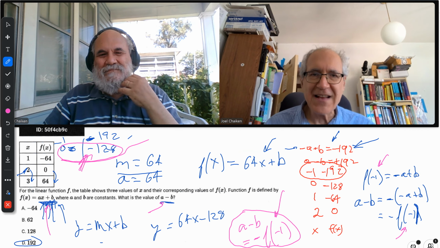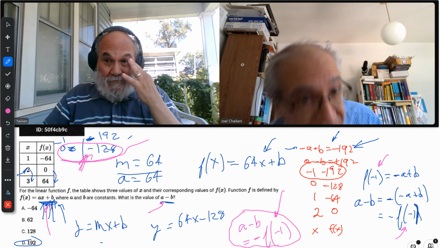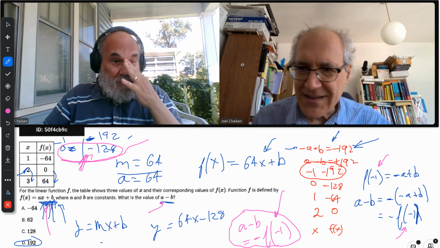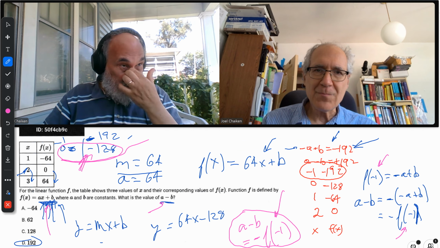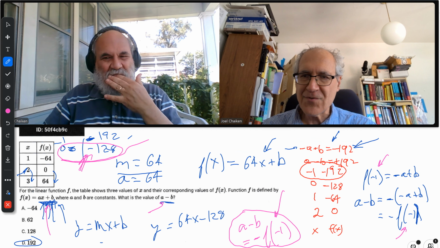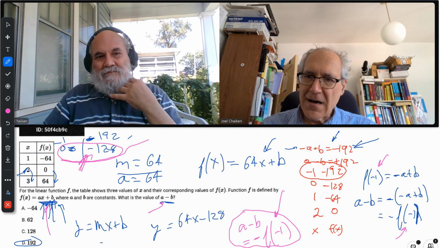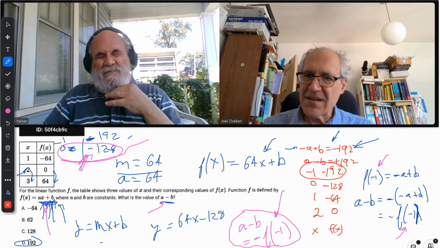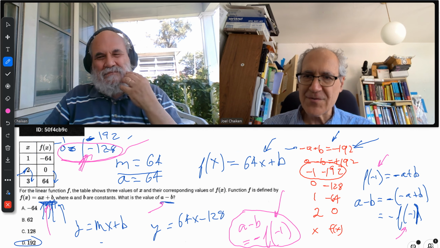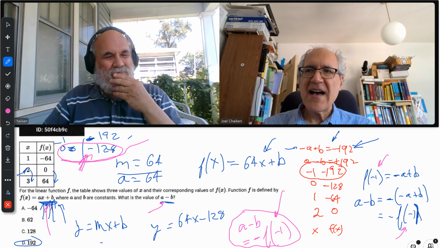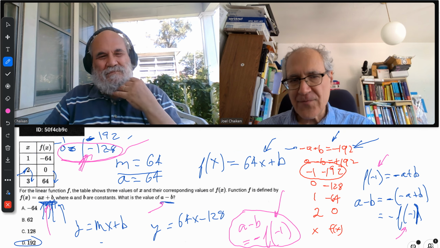And the main idea. The most important question we have: why did the test committee put this on the test? What were they trying to see, if you know what to do? Figure out how, given a table that represents a function, to write it in algebraic form.